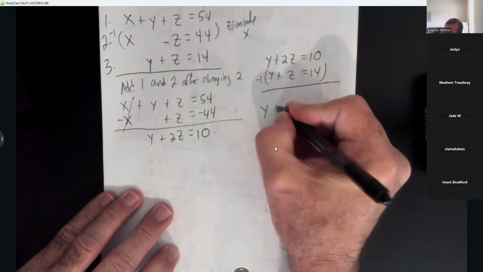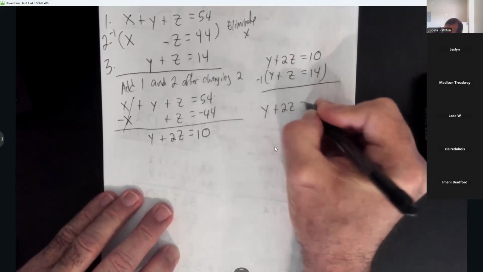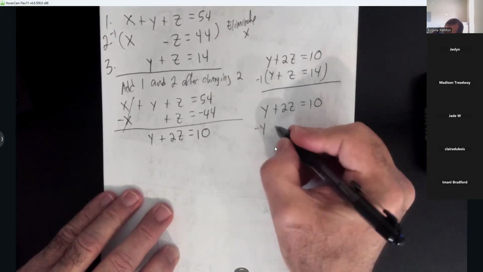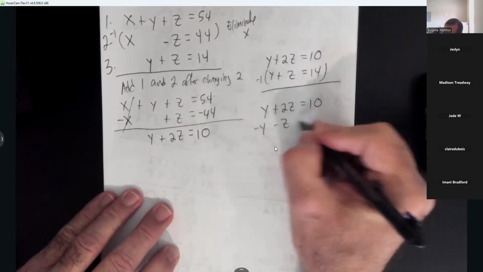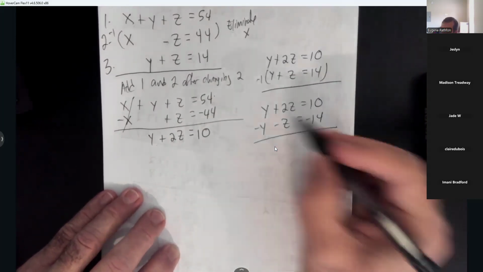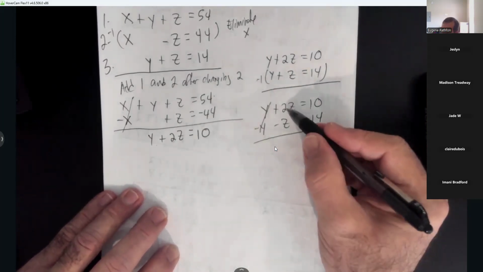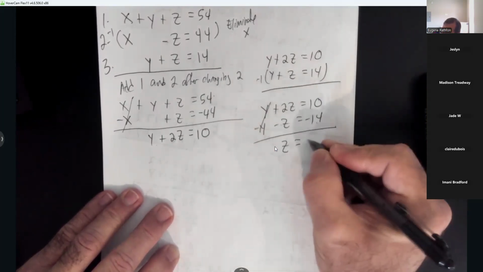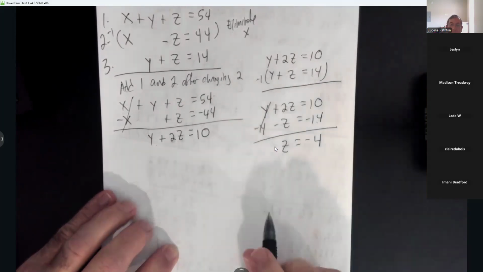So the first one will stay Y plus 2Z equals 10. This gives me a negative Y, negative Z equals negative 14. Y'all watch this one. The Y's cancel. 2 minus 1 leaves you 1Z. 10 minus 14 is -4.